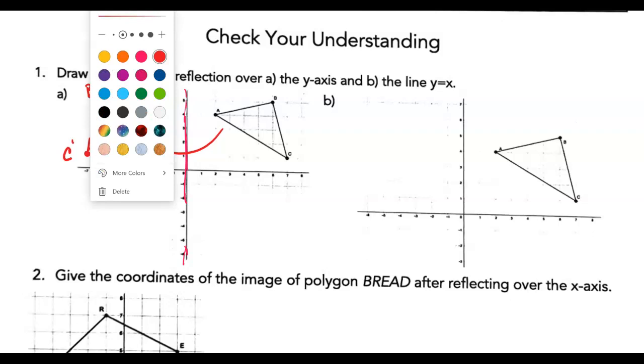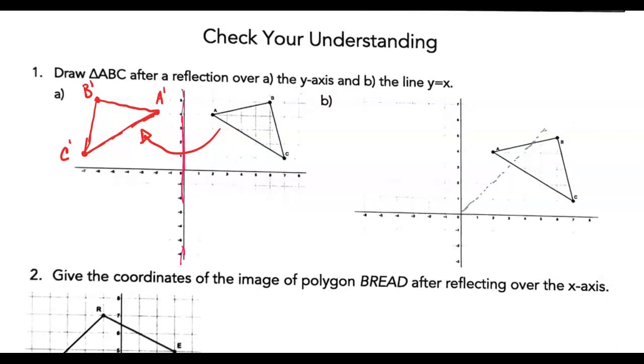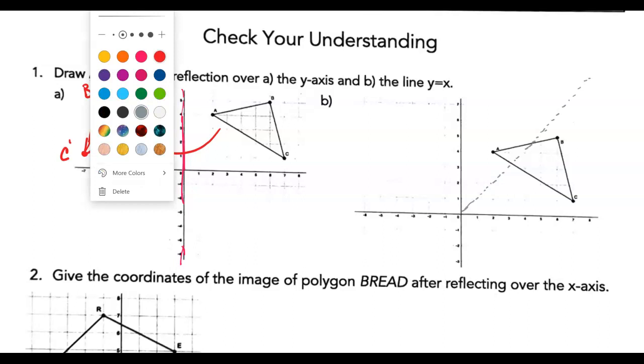Now, for the line y equals x, for part B, here's our line y equals x. I'm going to try and draw this in here as best I can. It goes at a 45 degree angle. And then what we're going to do is take each one of these points and flip it over the axis.